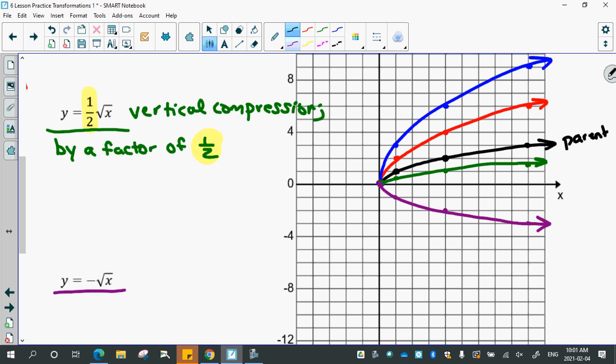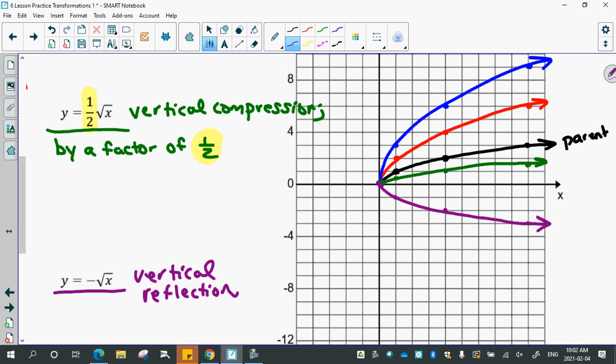And because it's happening vertically, like we're going from going up to going downward, it's called a vertical reflection. So we don't say compression, we just say vertical reflection.